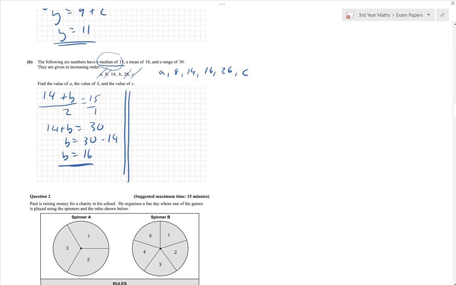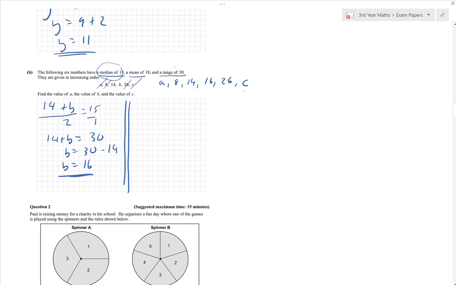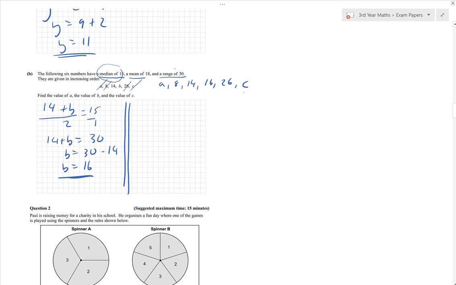So now I'm going to use these pieces of data. I'm going to write the mean in terms of A and C, and then I'm going to write the range in terms of A and C, and then I might see what will happen. So to find the mean in terms of A and C, well, the mean is adding all the numbers together and dividing by the number of numbers, 1, 2, 3, 4, 5, 6.